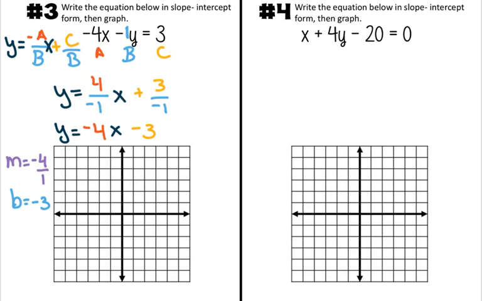So start by graphing that y-intercept at negative 3. Okay, so I need to go down 4. I can't. We know it would be about right here. But let's go in the other direction. 1, 2, 3, 4 over 1. Then I'm going to use my ruler.